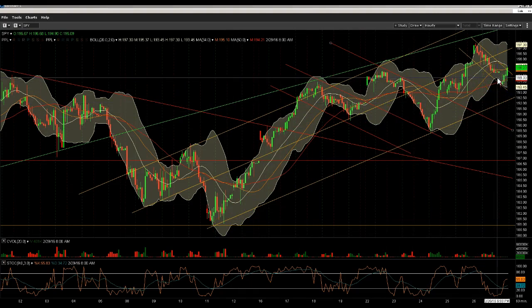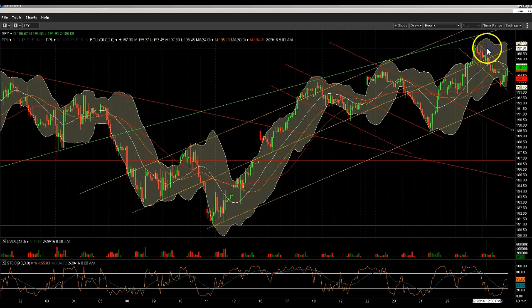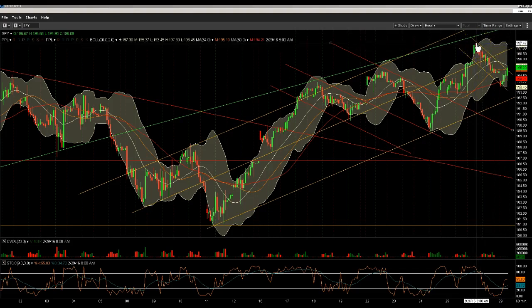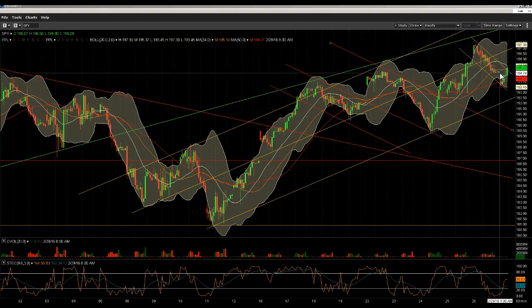Somebody asks how far we can go higher. We don't know exactly, but we can surmise from a technical basis that this reversal candle we saw on the 26th, which was Friday, early in the morning, and then we opened up and basically slid down all day long.